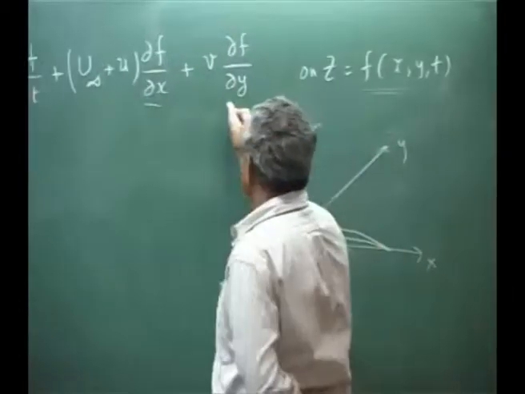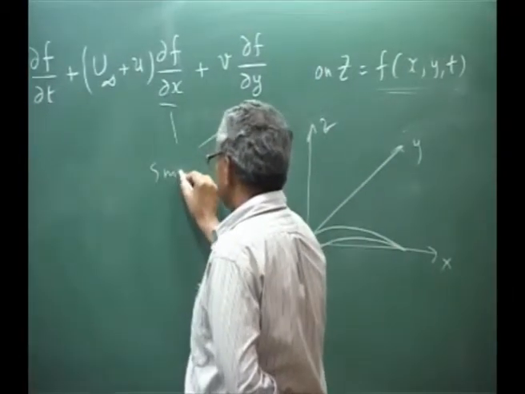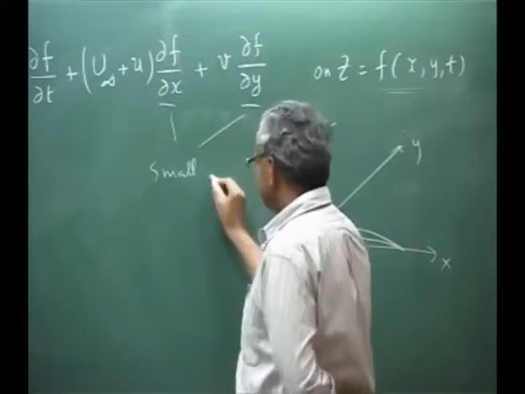So these slopes are small gradients. Okay.